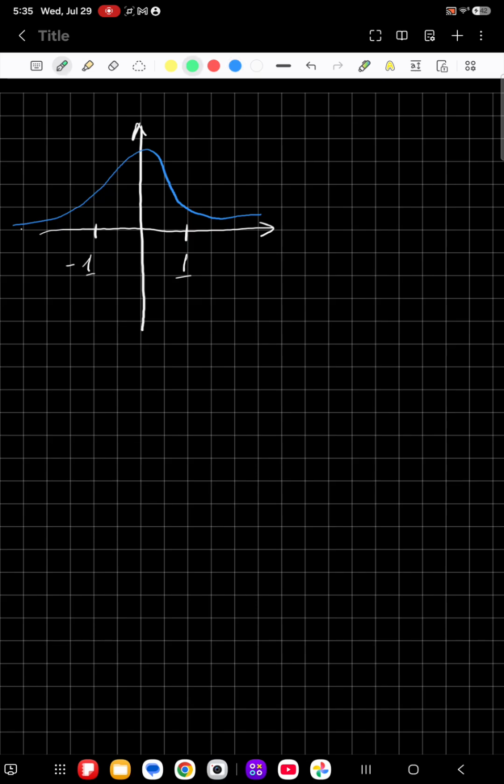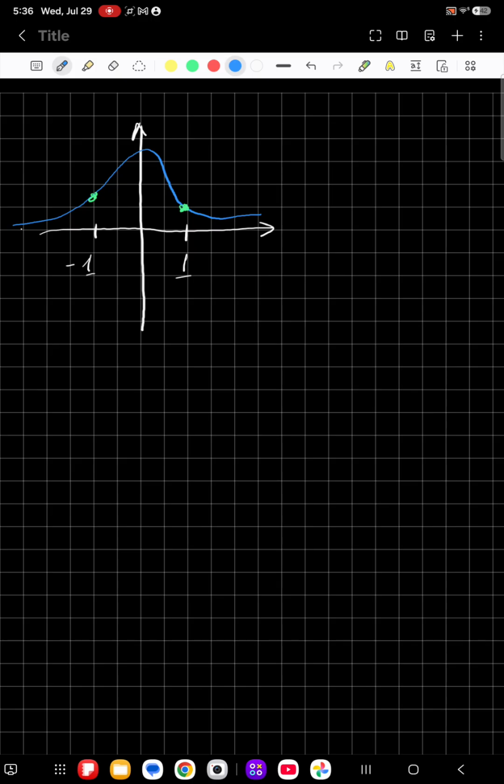Anyway, those are points of inflection where the graph changes. So concave up changes to concave down, and then back to concave up. So we have those 2 points of inflection.